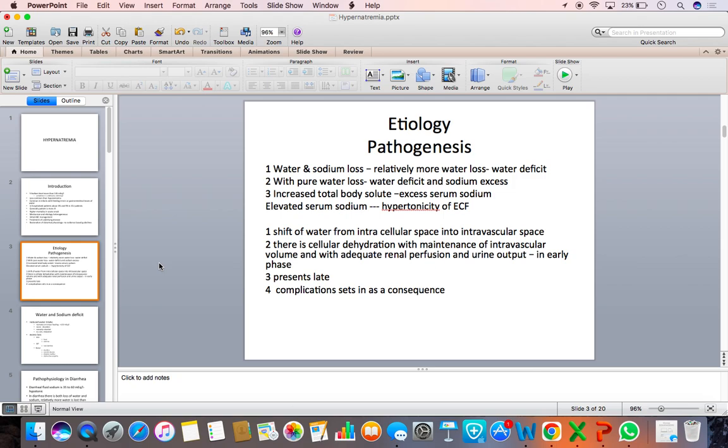This results in a shift of water from the intracellular compartment into the extracellular compartment. As the intravascular fluid is maintained well, renal perfusion is maintained, and clinical presentation of the patient will be delayed because symptoms appear late.